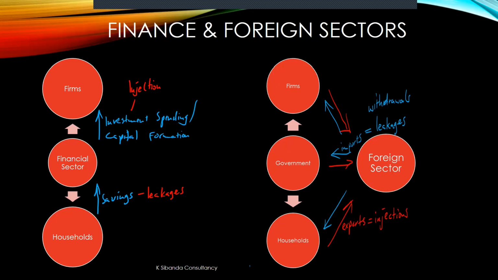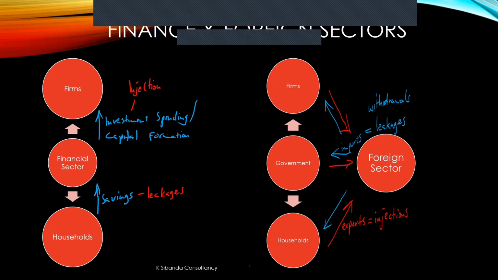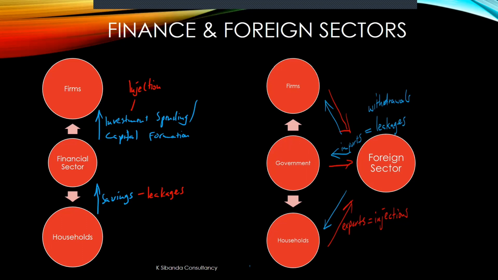Maybe we take our goods to Zambia or Mozambique, and we earn some income from there, which means there is money coming into our circular flow of income from the selling of our goods and services. So we call that an injection.